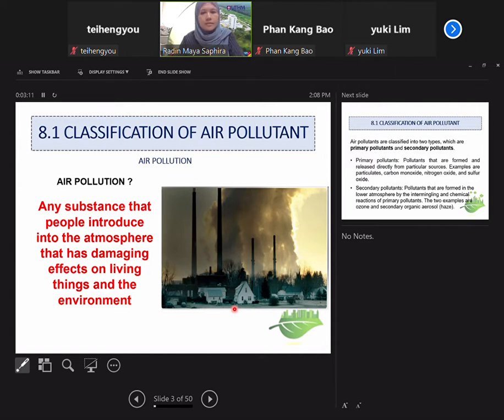Okay. In all of this, what we have taught before, you learned about water, wastewater, to determine. It's easy because for water, you can clearly see from the color, betul tak? If our water is clear like this, then if you can say that some contaminants are there due to the turbidity, we can see clearly due to color.